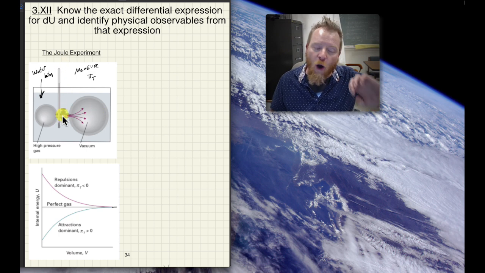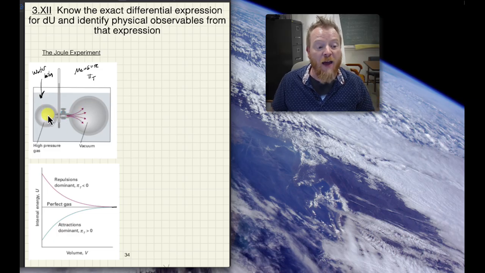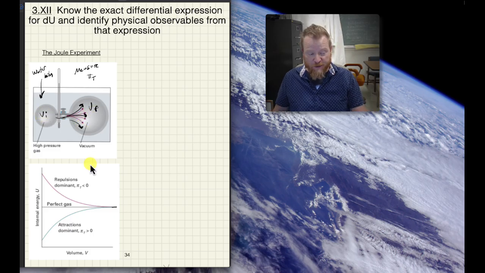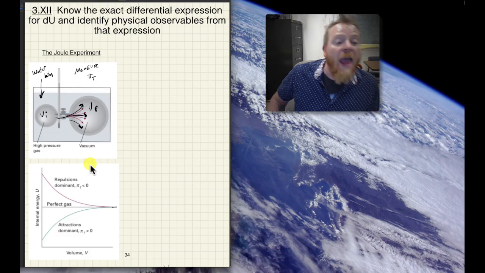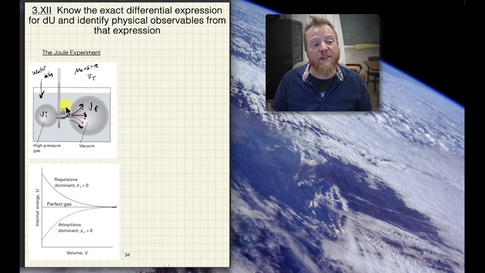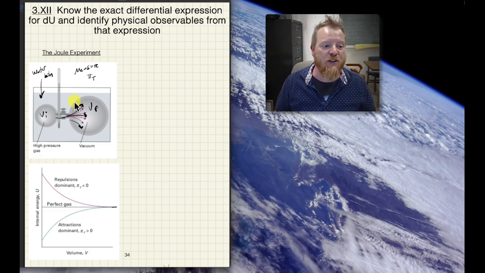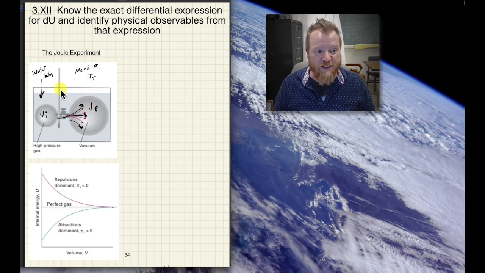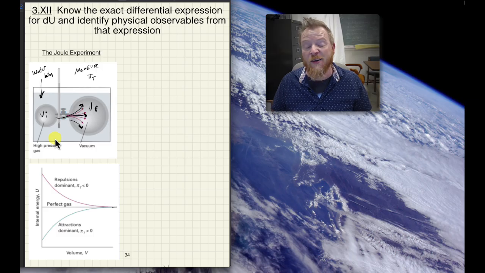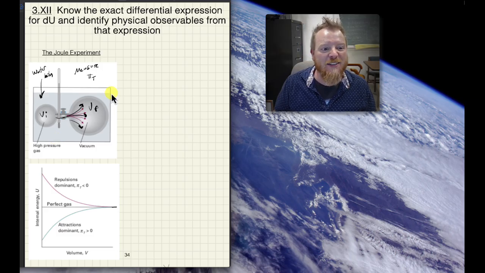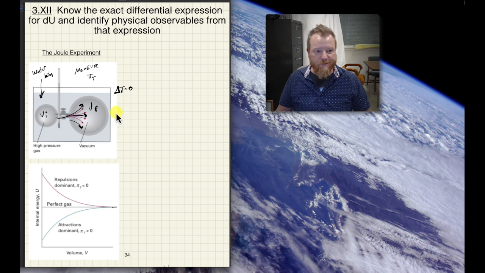And when Joule opened up these chambers, the high pressure side expanded out into vacuum, right? So from its V initial to its V final. And what Joule was hoping to see was if there was any type of heat exchange or work being done that he would be able to measure that through the change in temperature. Well, as it turns out, there was no temperature change here.